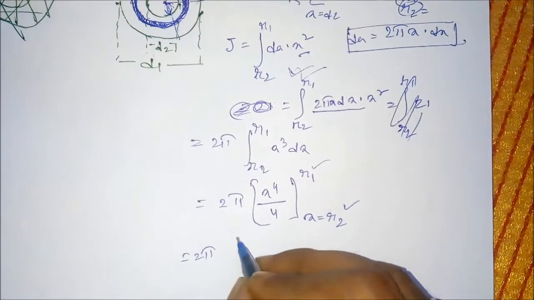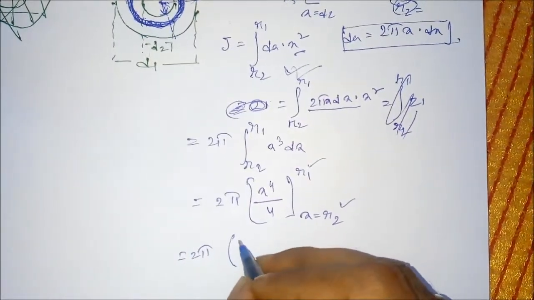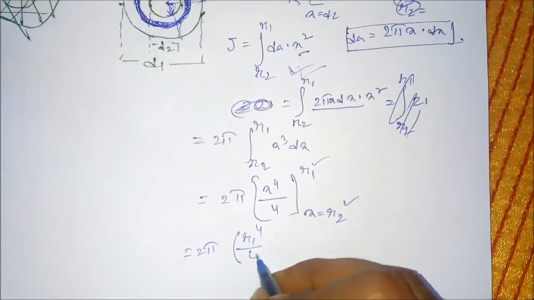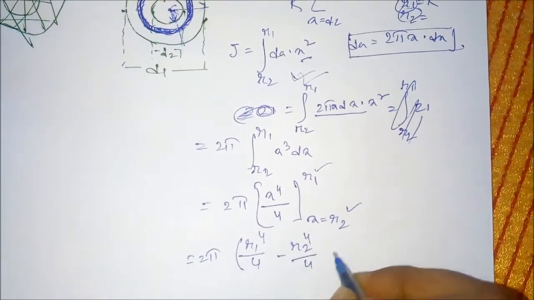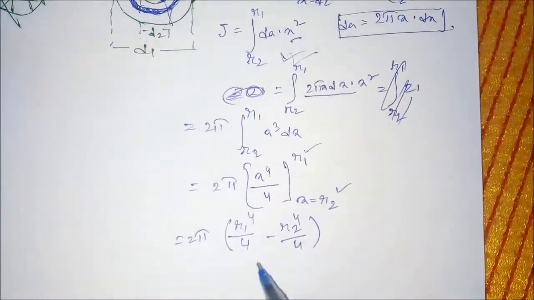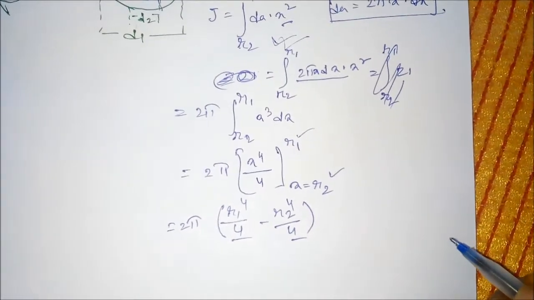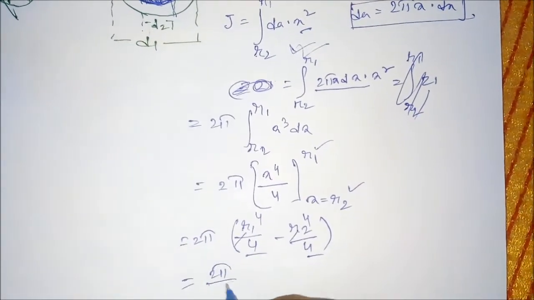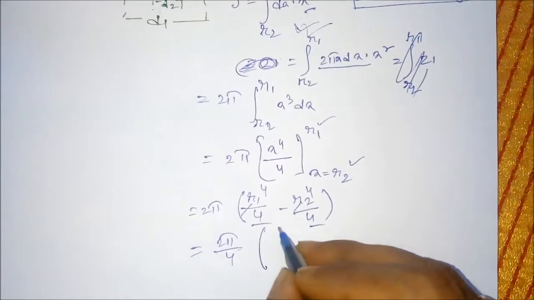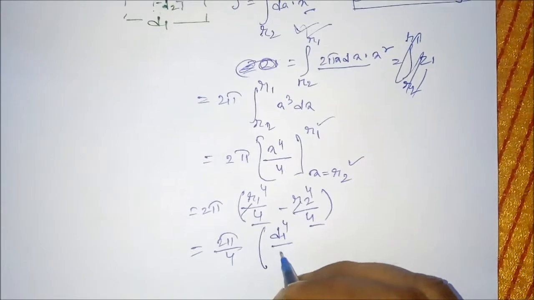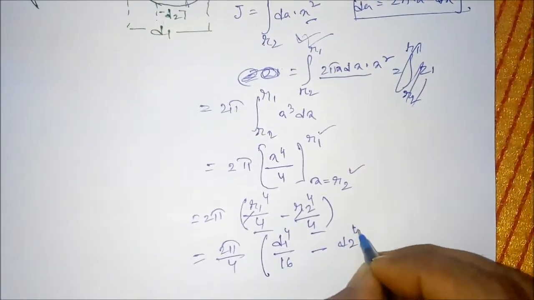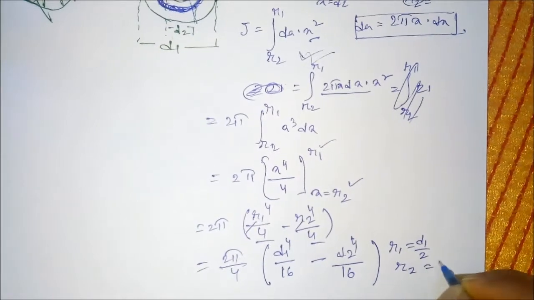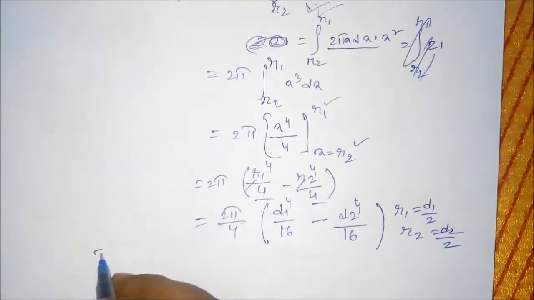Now if you put those two values of x, you will get 2 pi times r1 to the power 4 by 4 minus r2 to the power 4 by 4, right? If you take 4 common and replace the radius with the diameter, you will get 2 pi by 4, and putting in the diameters, d1 to the power 4 by 16 minus d2 to the power 4 by 16, as r1 equals d1 by 2 and r2 equals d2 by 2, right?